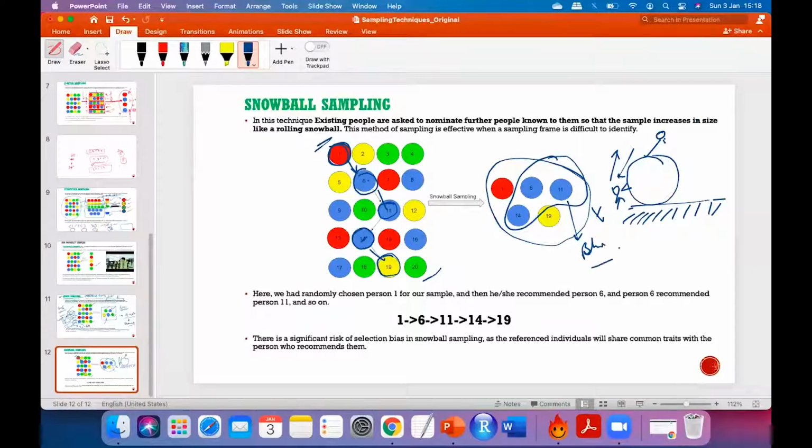Why? Because 6 referred 11, 11 referred 14. They referred from their own vicinity, their neighborhood, their friend circle. So there is similarity between the points. With common traits, the variability or diversity will decrease, and hence more bias. Understood? Any confusion till here? Isn't it easy?